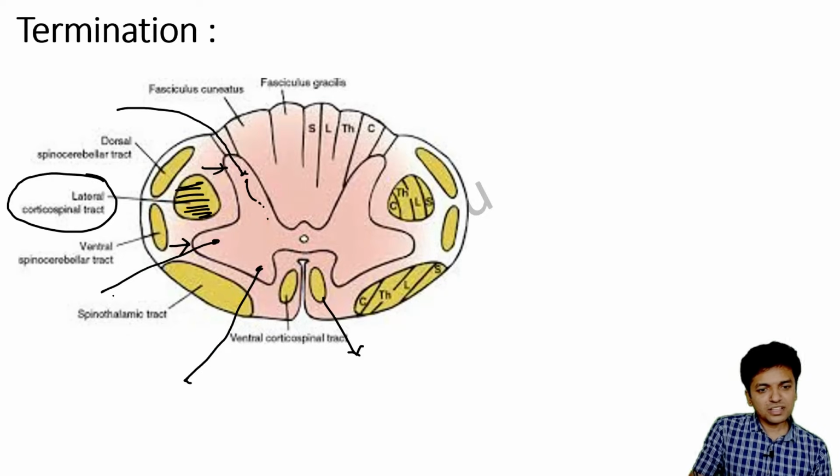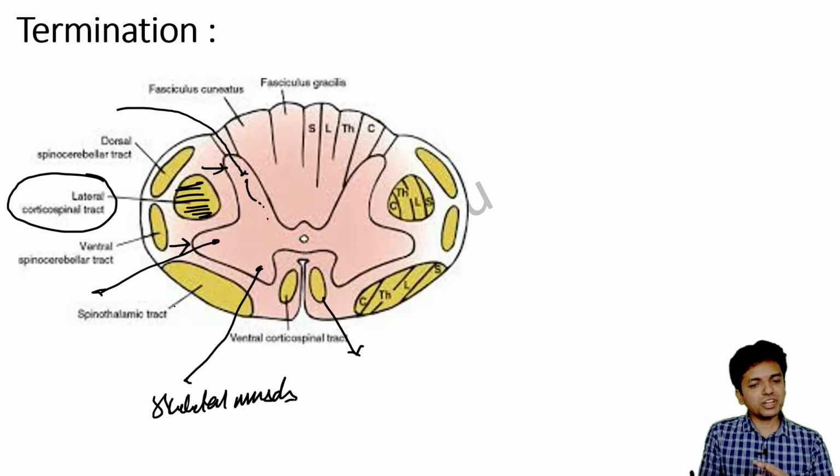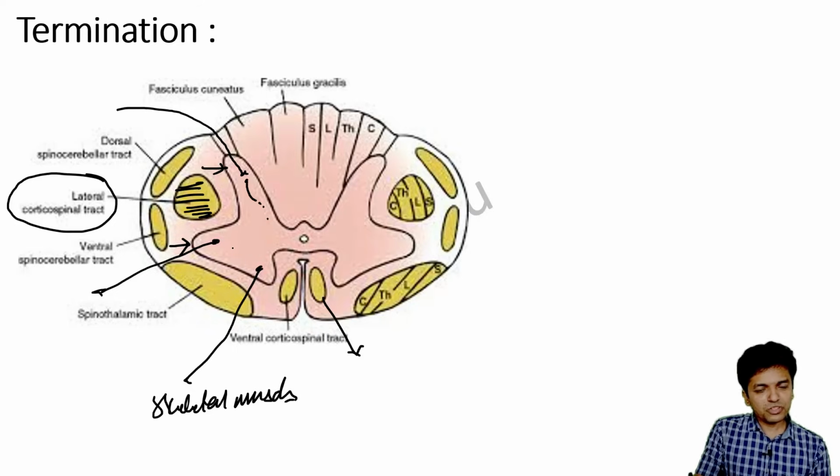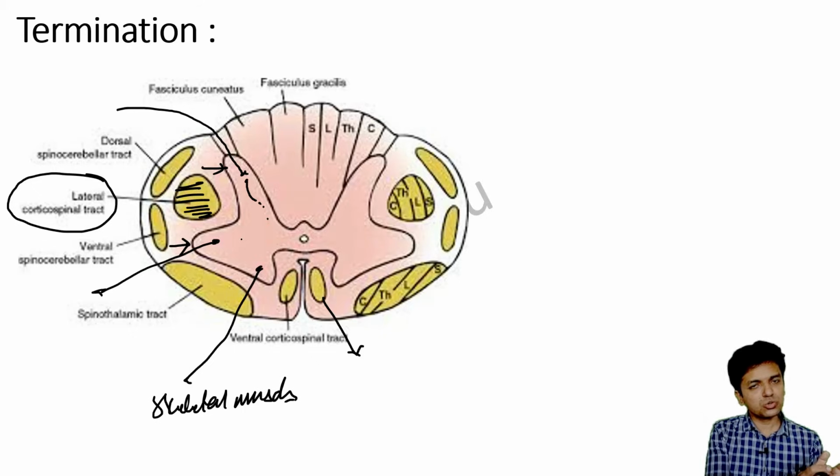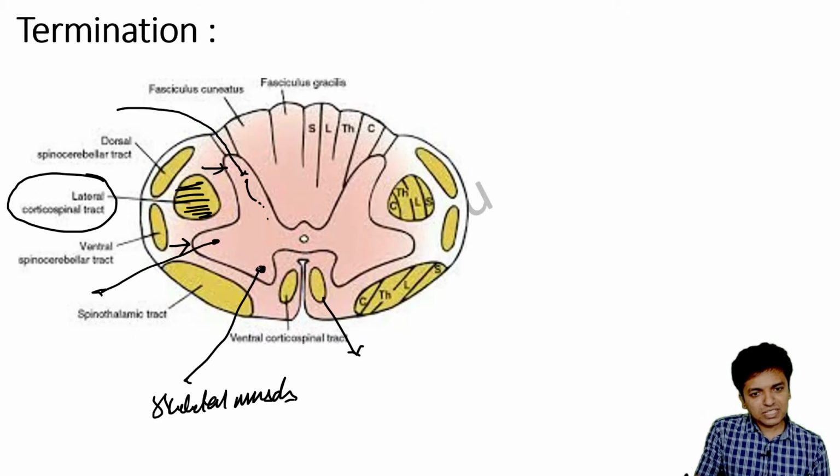These are the neurons which supply the skeletal muscles, and they are divided into two groups. One group, present in the lateral part of the ventral gray horn, is called the lateral group of the alpha motor neurons. Another, present in the medial part, is called the medial group of the alpha motor neurons.